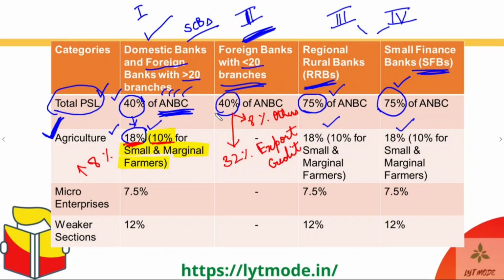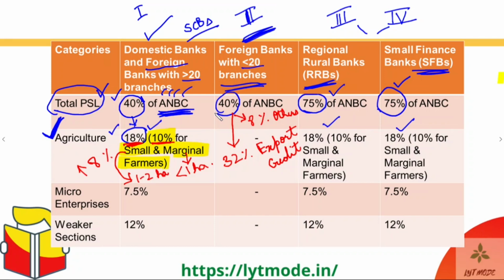And what does small and marginal farmers mean? Marginal farmers means those farmers whose total land holding is less than 1 hectare. And small farmers means those farmers whose land holdings are between 1 to 2 hectares.